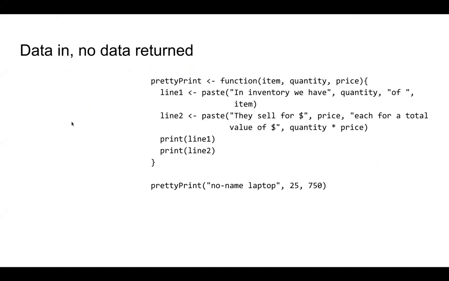The next kind of function is one that receives some information, but does not return any information when it finishes executing. This setup is common if we write functions that are used to generate nicely formatted output. For example, if we stick with our inventory example, we might have a function like this, which is designed to provide nice output.